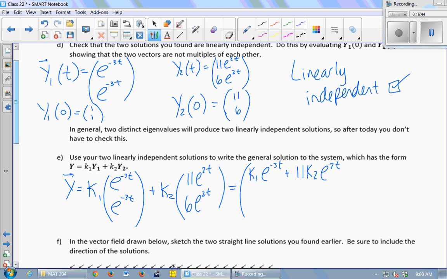That would be my first component. And then my second component would be k1 e^(-3t) plus 6k2 e^(2t). And then it might be helpful to remind yourself this is actually the vector x of t, y of t.